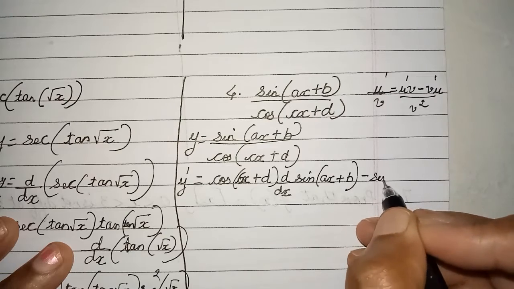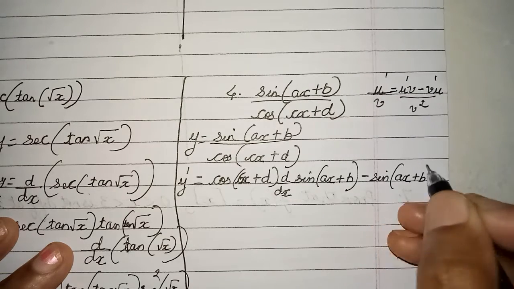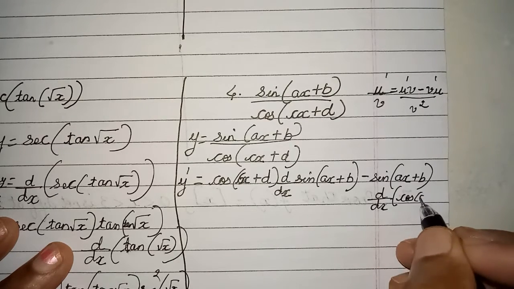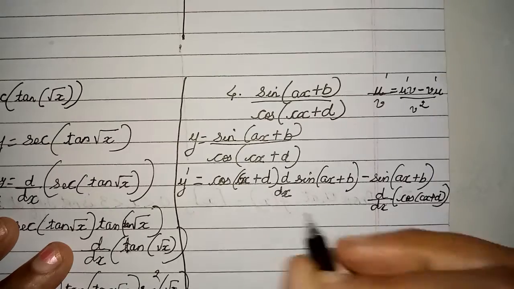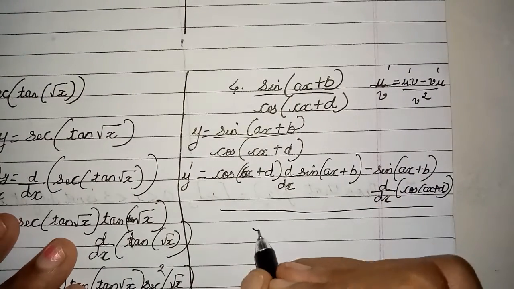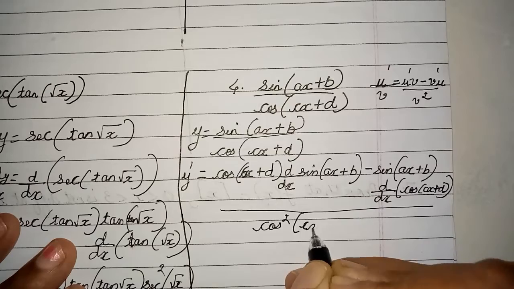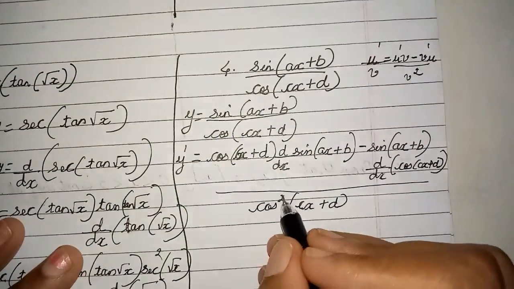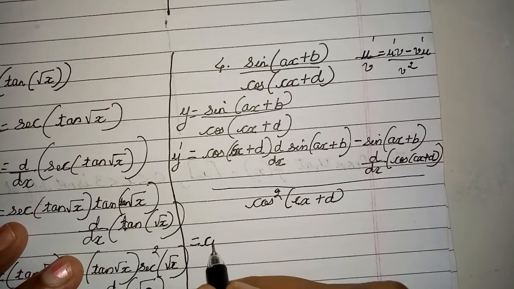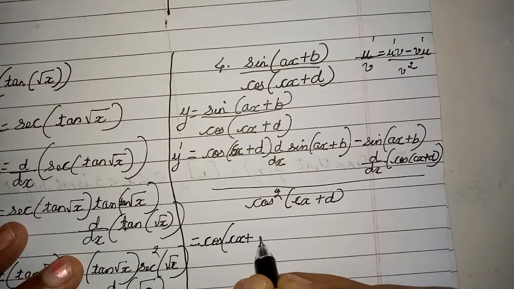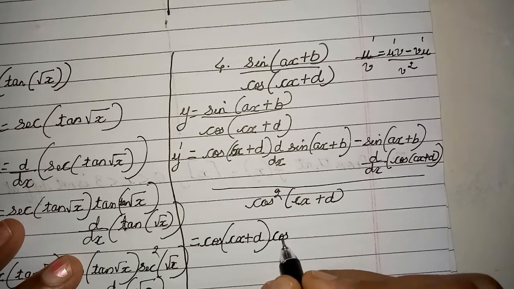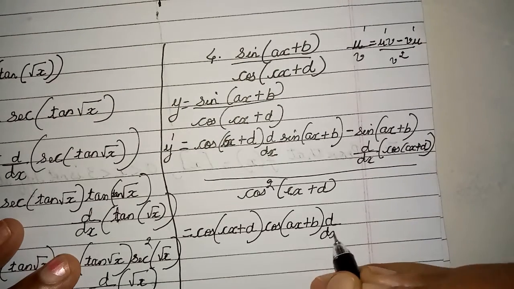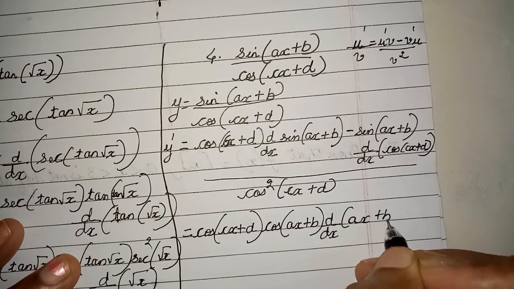Minus, now keep your u function as it is, and you take the derivative of your v function, divided by v square. V square is cos square of cx plus d. You need not square the angle, so it is cos square. Now let us take the derivative. This is cos of cx plus d. Sine's derivative is cos of ax plus b, but ax plus b is not in the standard form, so you have to attach its derivative.